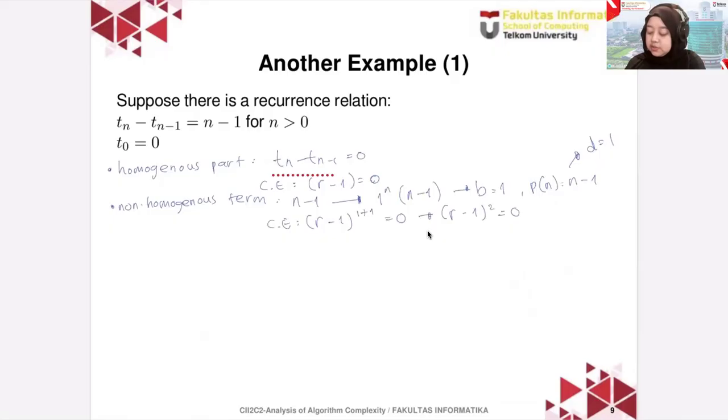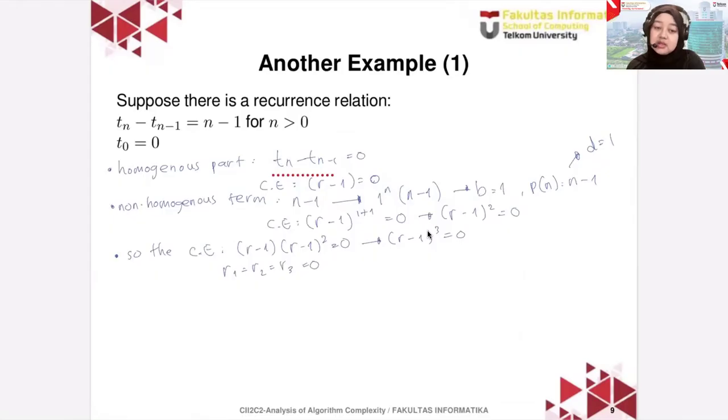So from the two, the characteristic equation is r minus 1 from the homogeneous part times r minus 1 squared from the non-homogeneous part equals 0, or we can write it as r minus 1 cubed equals 0. So we have r1, r2, and r3 equal to 1.